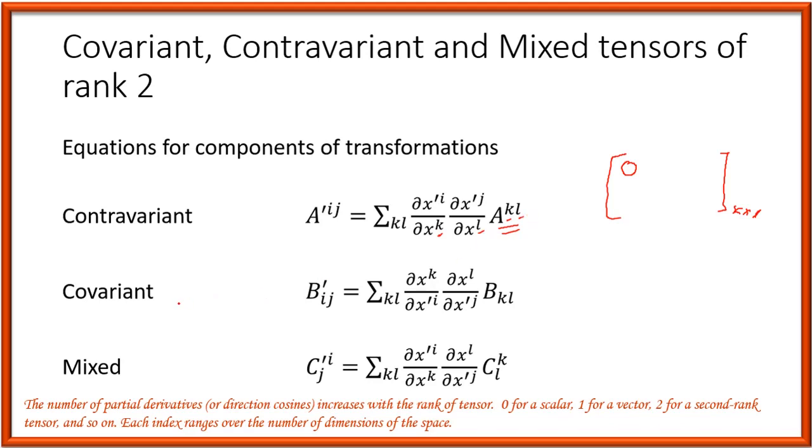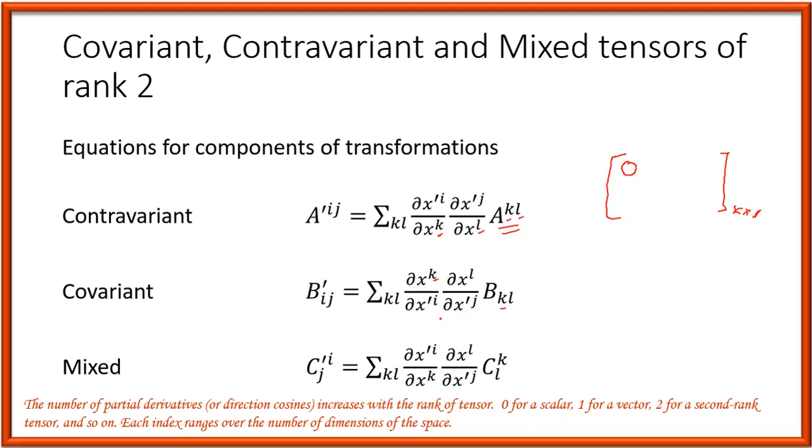Now, if it is a covariant tensor, that is, if both the components vary covariantly, then the kth index varies as ∂xk divided by ∂xi', it is covariant, and L changes as ∂xl divided by ∂xj'.